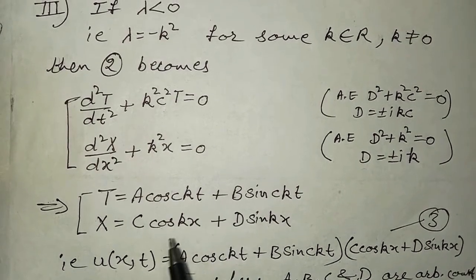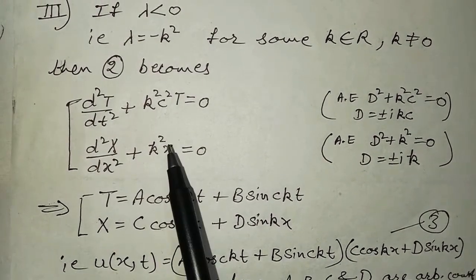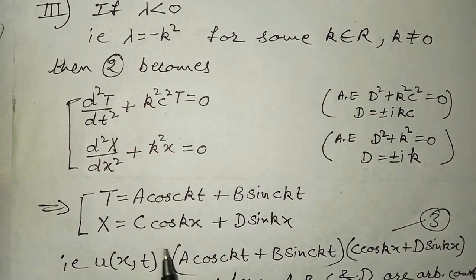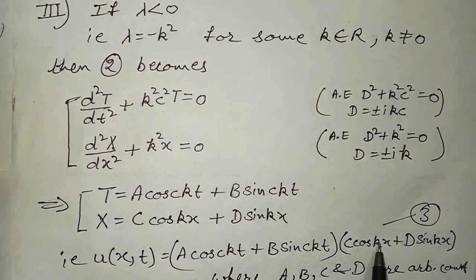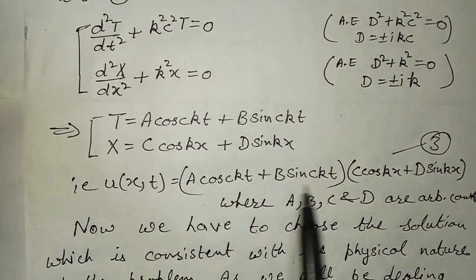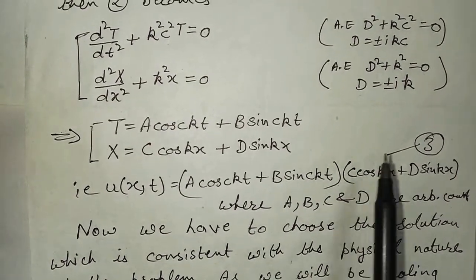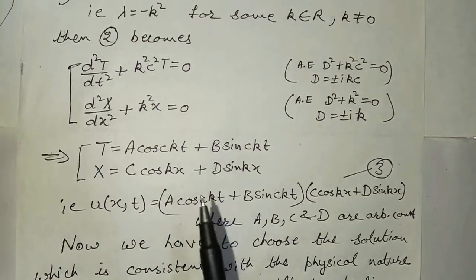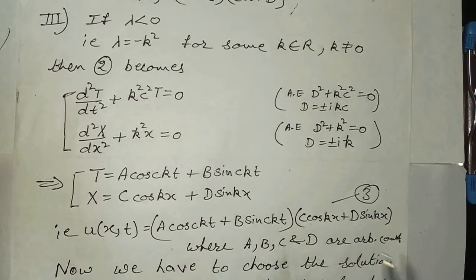These are the solutions of these two differential equations. Again we multiply these two, because u is x multiplied by t, so u is t multiplied by x. This is the solution in this third case when lambda is negative.